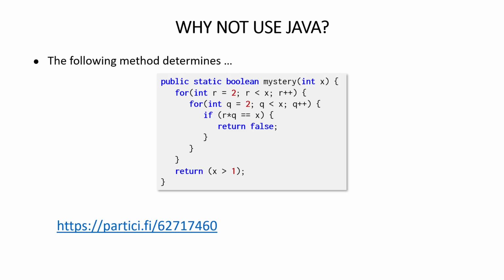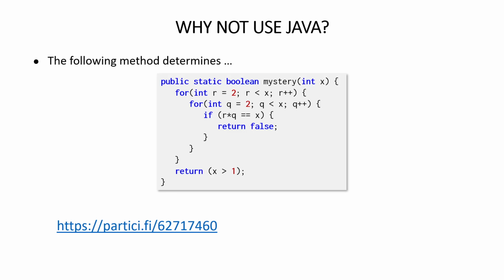Well, it returns some Boolean, right? So it makes a decision whether something is true or not. Here it says it's not true. And in all the other cases, if x greater equals 1, it says it's true.